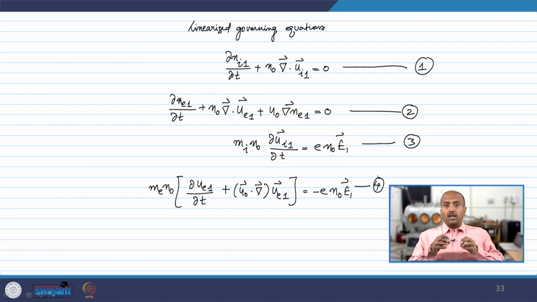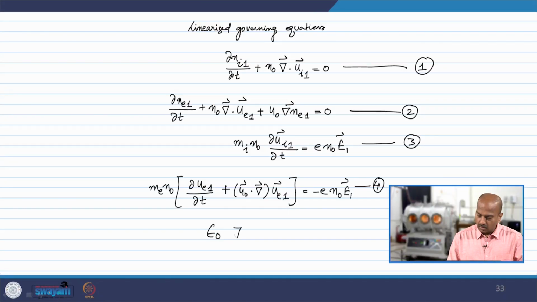Now, when the electrons and ions are moving with different speeds, it will be obvious that there is a polarity of charge concentration spatially, right. That means there will be an electric field, and this information is appropriately embedded in the Poisson equation, which is ε_0 ∇·E_1 = e(n_I1 − n_E1).